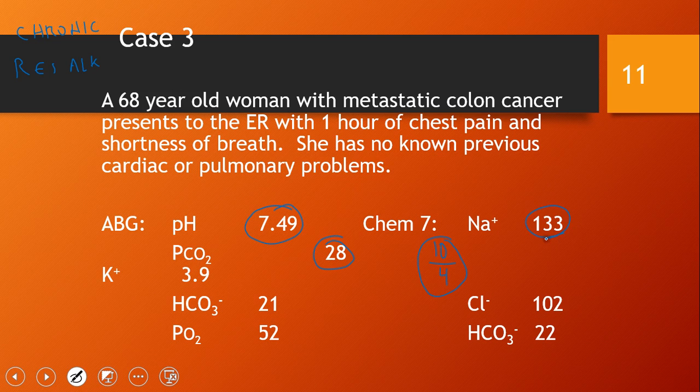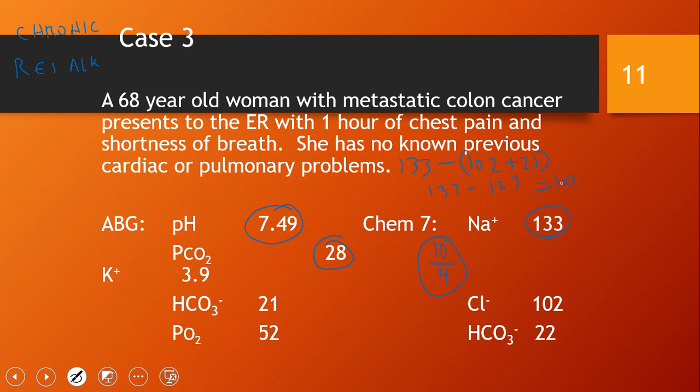That's right, we take the sodium. So we take 133, and we subtract it from what? That's right, chloride. Chloride plus what? That's right, bicarb. So what we have here is 123. So 133 minus 123 is equal to 10.